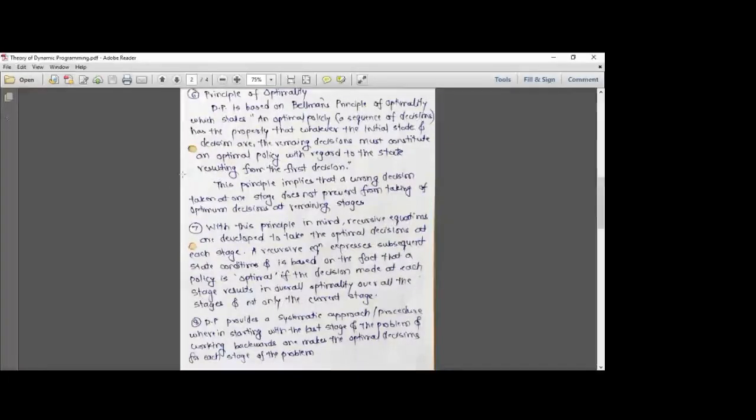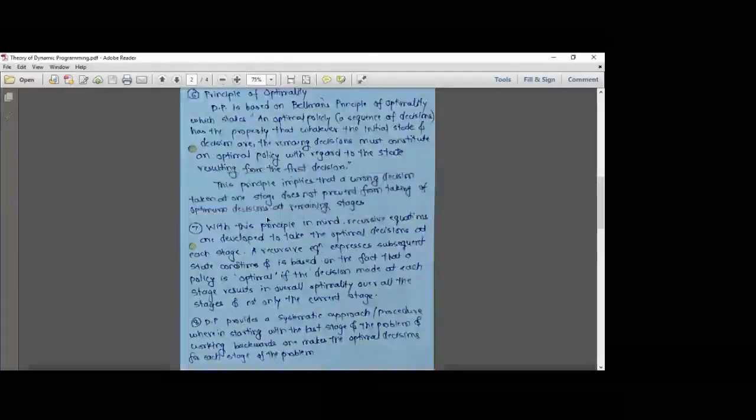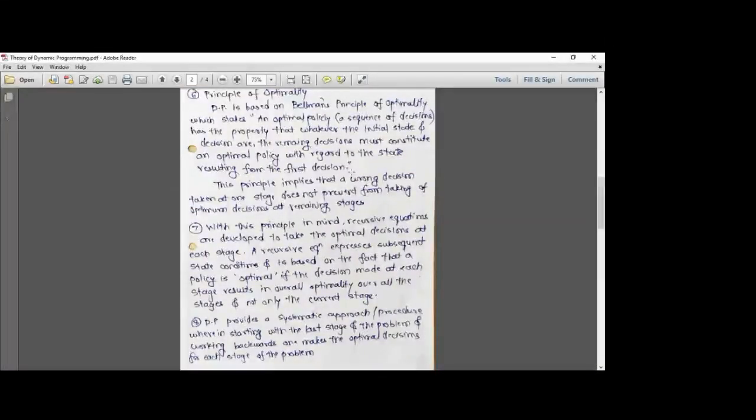We had a 15 storied building, and at the first story there were some wrong decisions that we made, and because of that there were some delays in achieving our first milestone or first stage. But even though we have taken wrong decisions at our initial stages, that will not prevent us from taking the optimum decisions at the remaining stages.